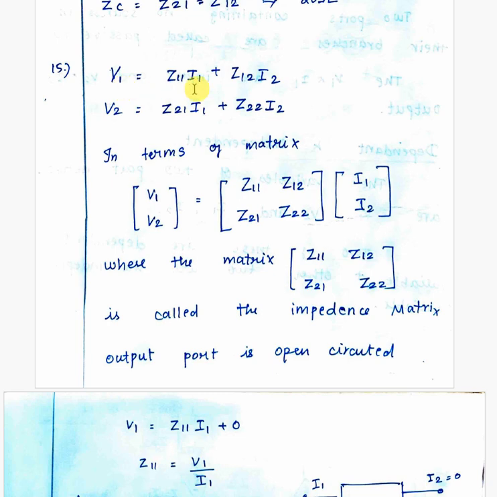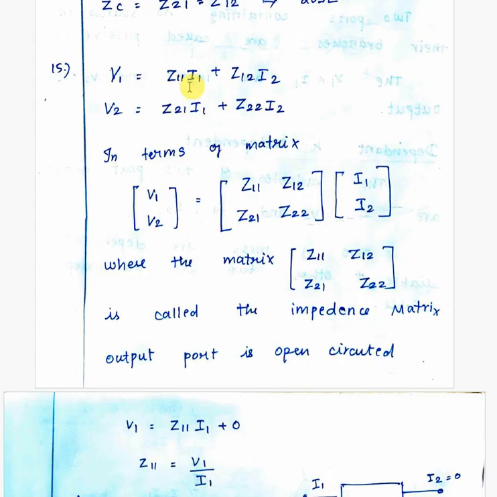V1 equal to Z11 into I1 plus Z12 into I2. Z11 is the impedance present only in port 1, and Z12 is the impedance common between port 1 and port 2.